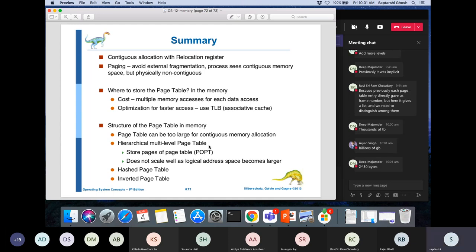Yes, so 1 GB is 2 to the power 30 bytes, right?